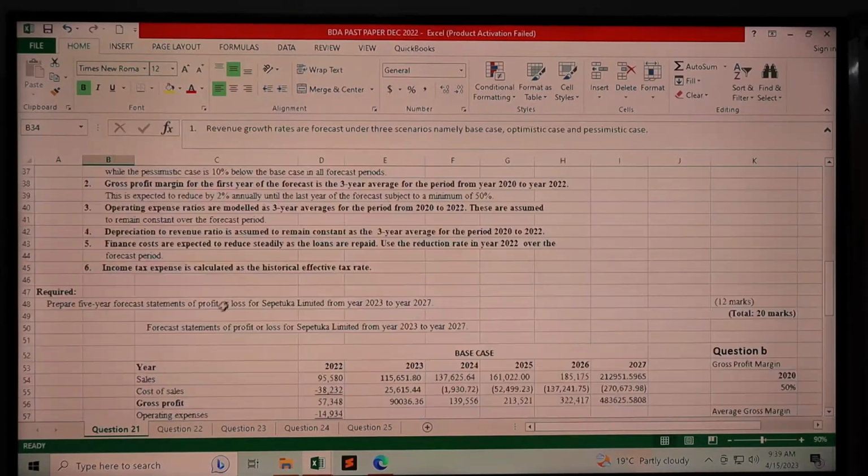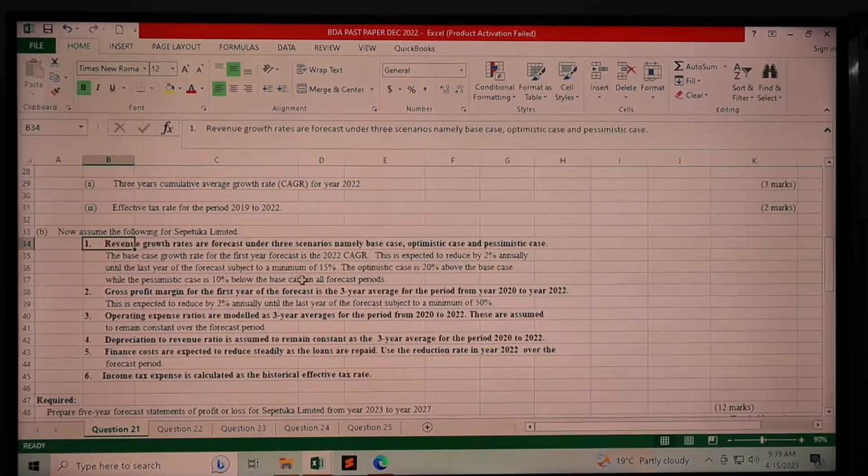Remember, the first year is which year? Prepare these sales from 2023. That is the first year. The first year is 2023. So for the first year, the focus is the year 2022 cumulative average growth rate. That is 21% that we got above there.